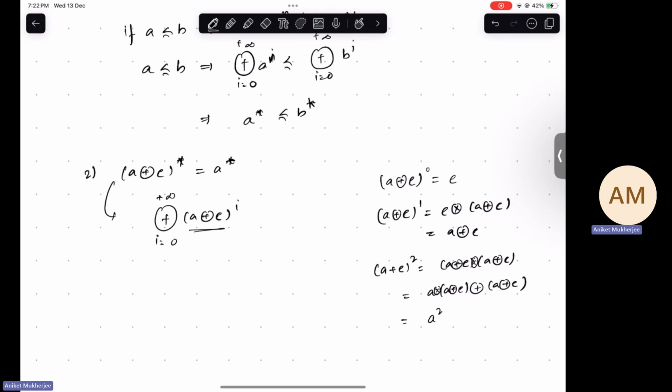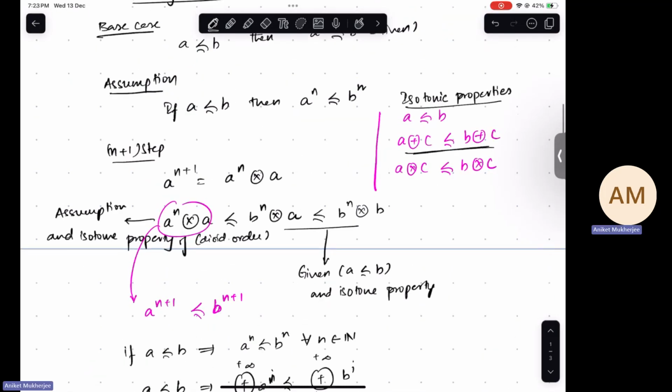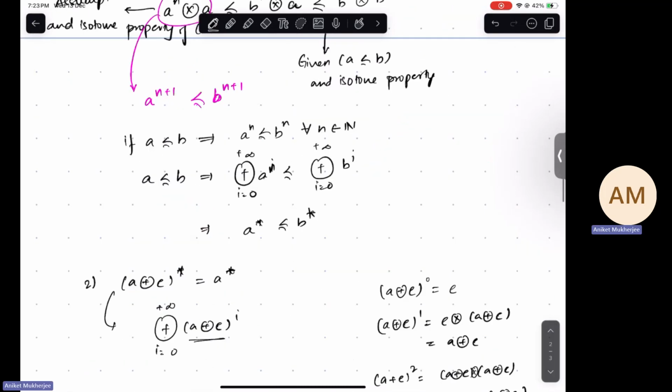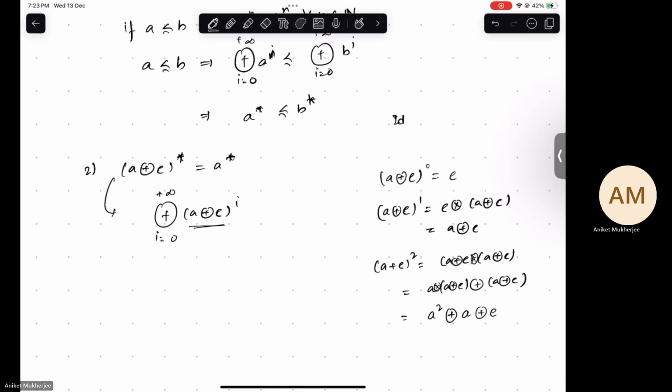So you get A^2 plus A plus E. Now here you get two A's, but since this is a complete dioid, we have the idempotent property of plus, right?